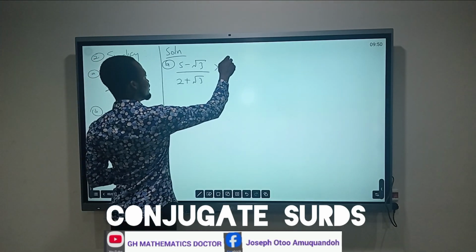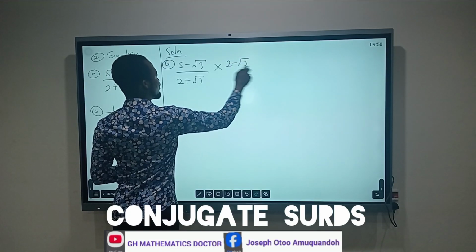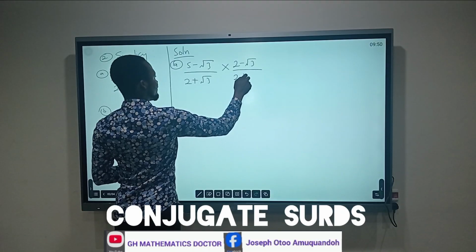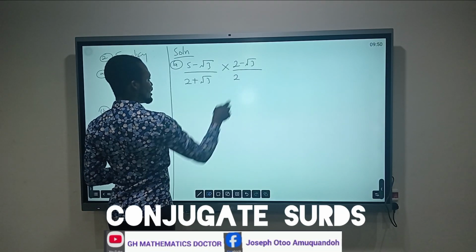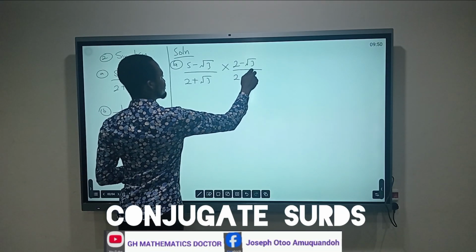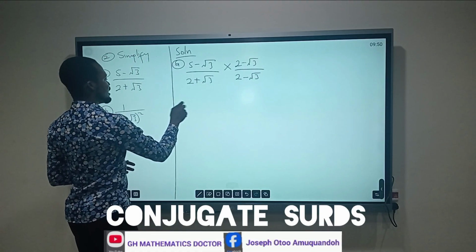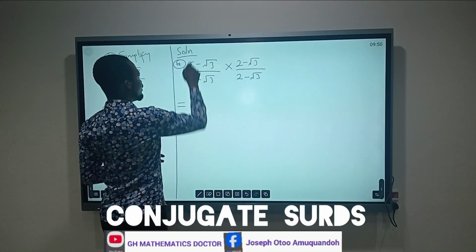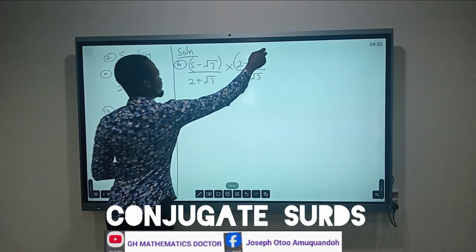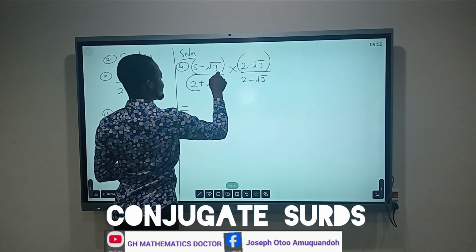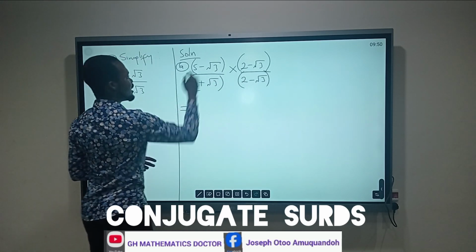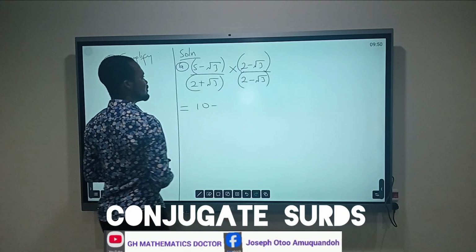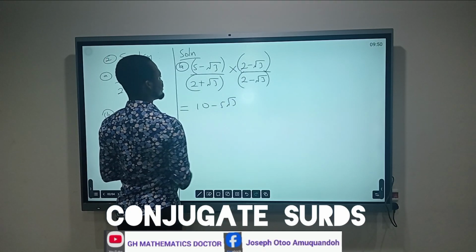So over here I have 2 minus root 3 over 2 minus root 3, and then we multiply the numerators and the denominators. 5 times 2 will give you 10. 5 times negative root 3 will give you negative 5 root 3.